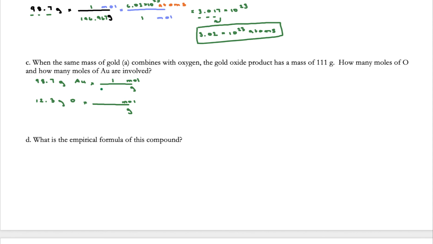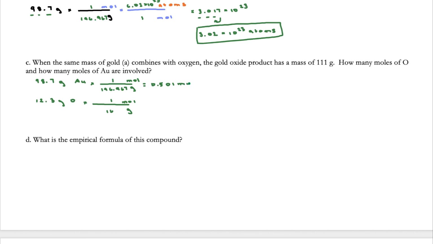So the molar mass of gold, as we noted above, is 196.967. All right, the molar mass of oxygen is 16. So I'm going to take 98.7 and divide by 196.967 first, and I get 0.501, let's round a little bit, moles of gold.